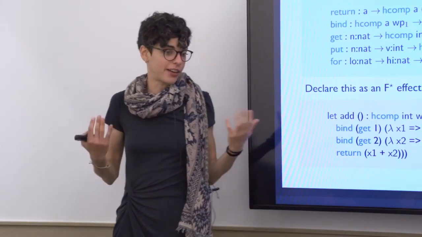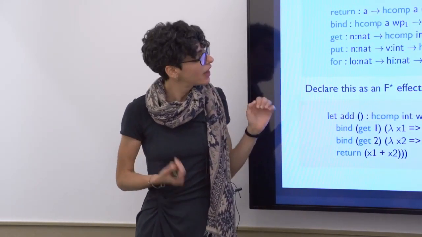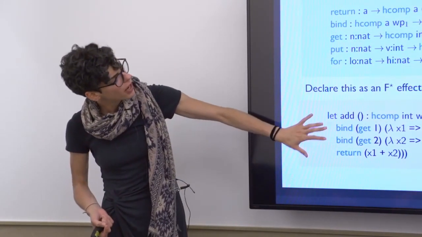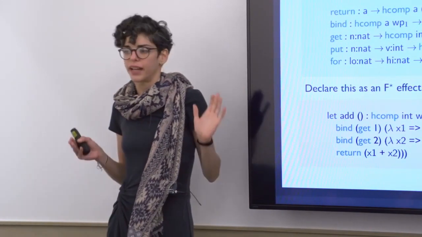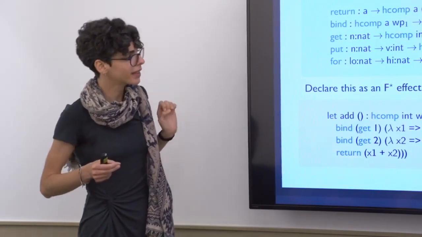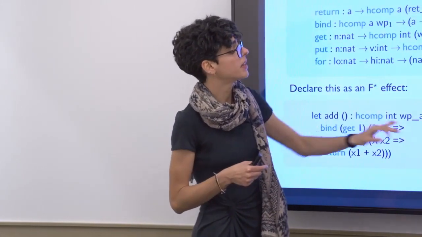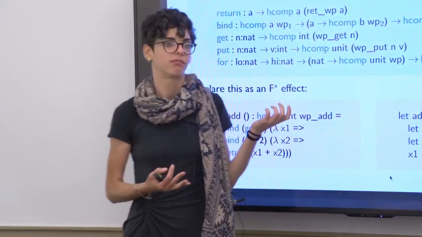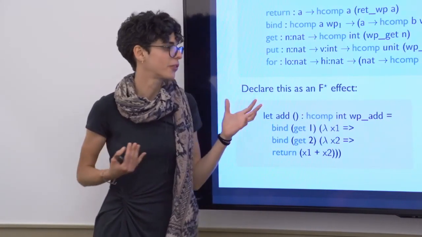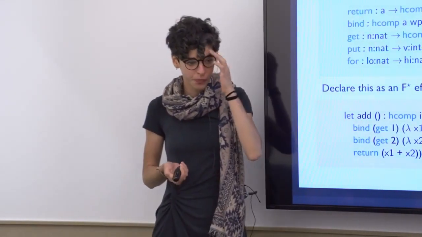And F star allows us to extend the effect system and declare this as an effect, which is very convenient because, of course, we can write programs like that using a bind and return explicitly. But after we define the high effect in F star, we can turn our high-level programs into this program that looks smaller and more elegant.